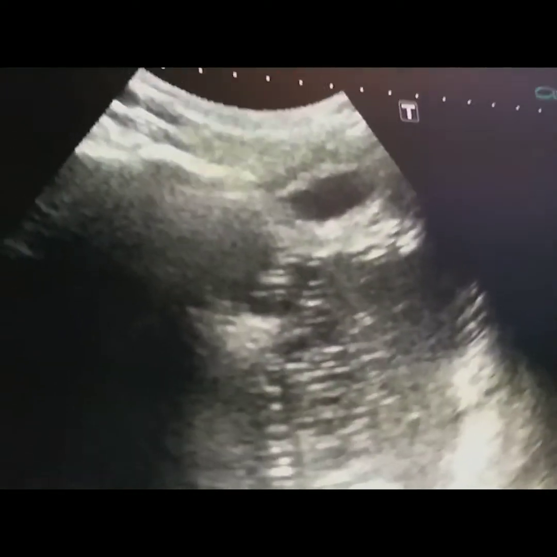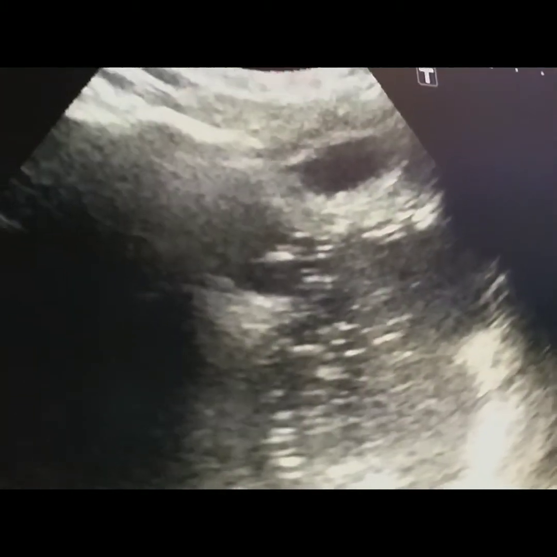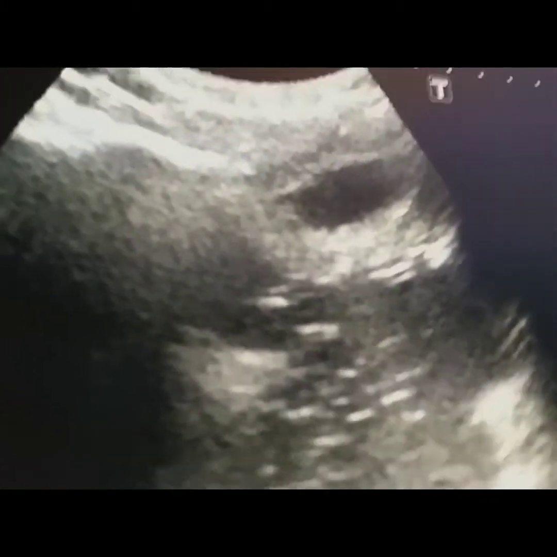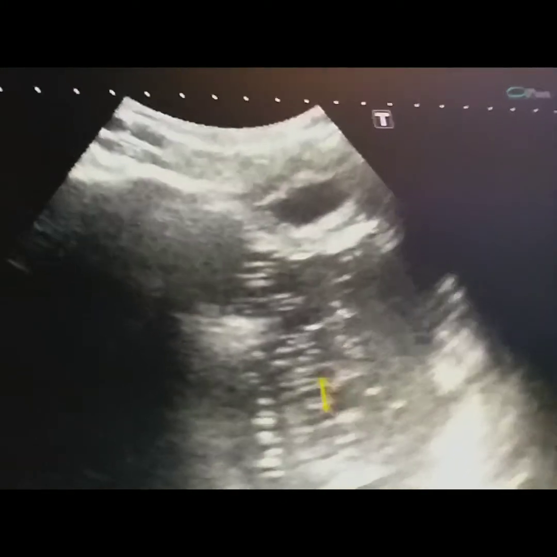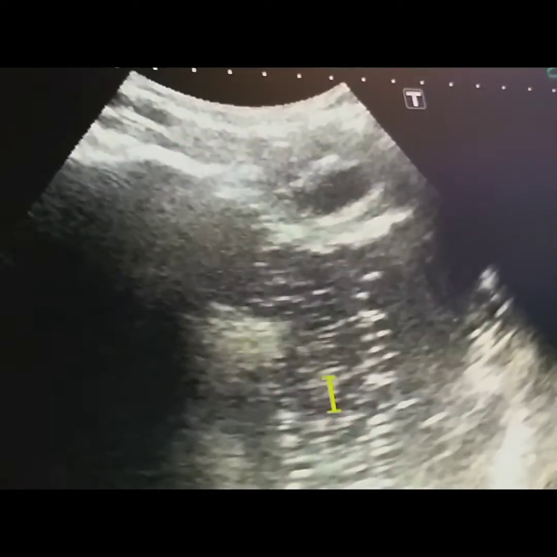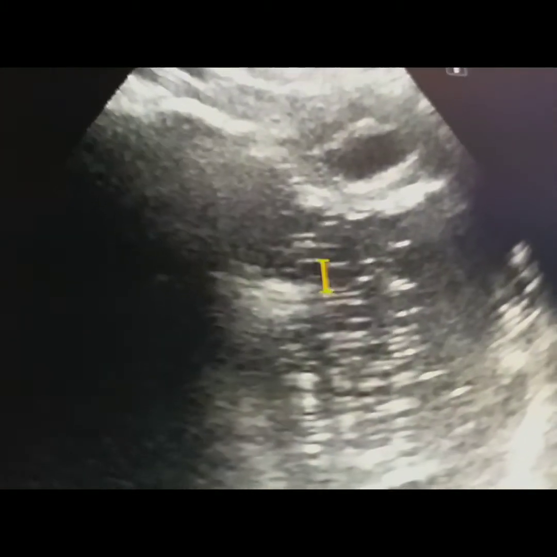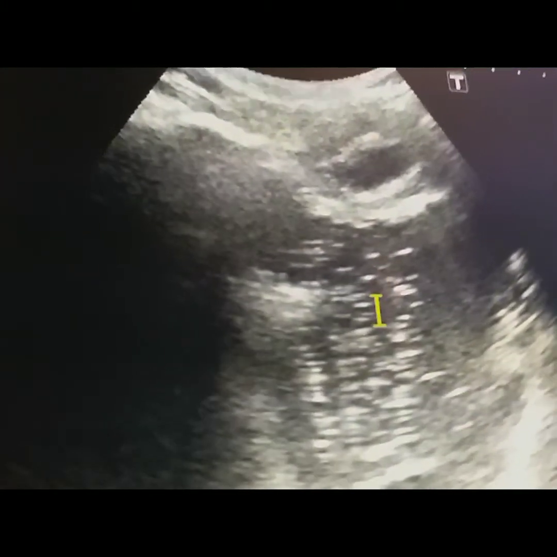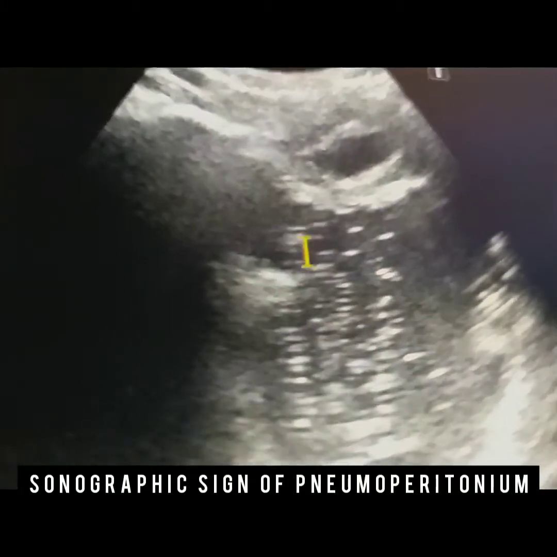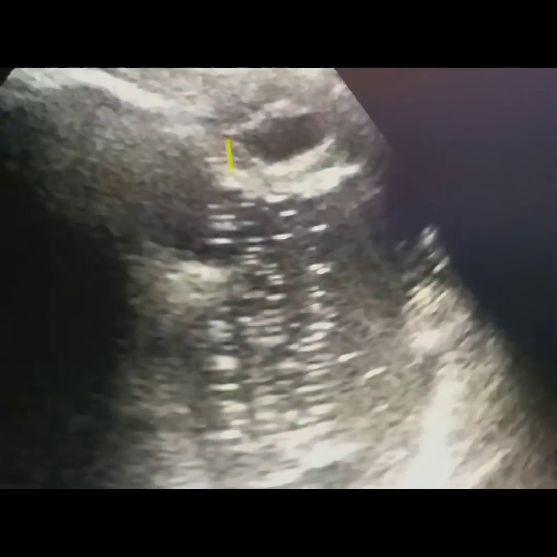And this is the fluid collection in the pelvic region. We can see, and here the air foci or echogenic foci are moving anteriorly.